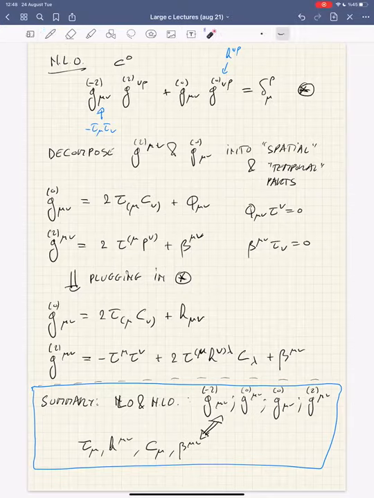Now, let me already say, it's kind of obvious from my notation, so it will be no surprise, but we see appearing here exactly the Newton-Cartan fields. Good.